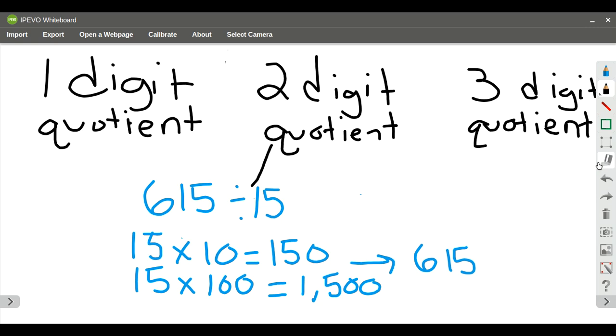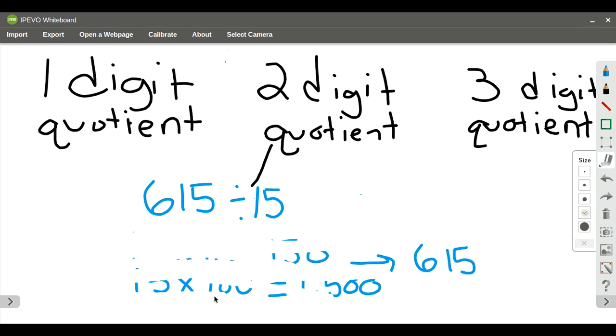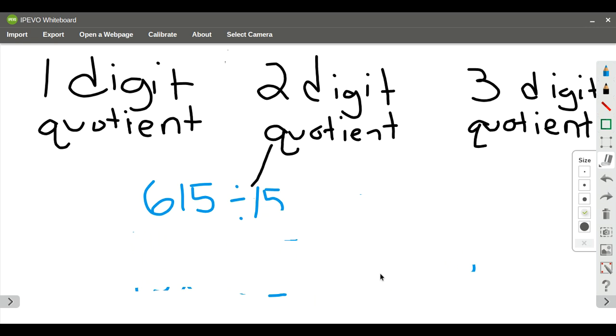Okay? The next one that I'm going to take a look at, let me do some erasing real quick. I'm going to take a look at the next value, which was 8,589 divided by 21.